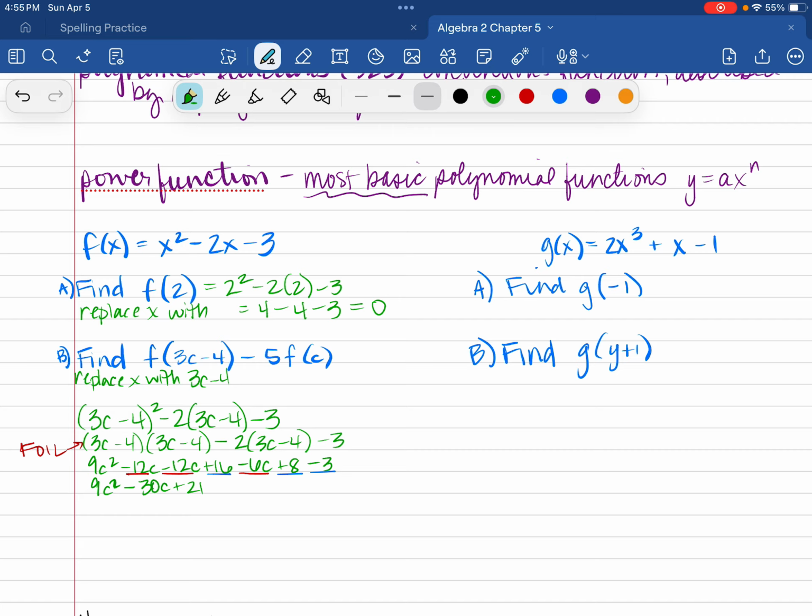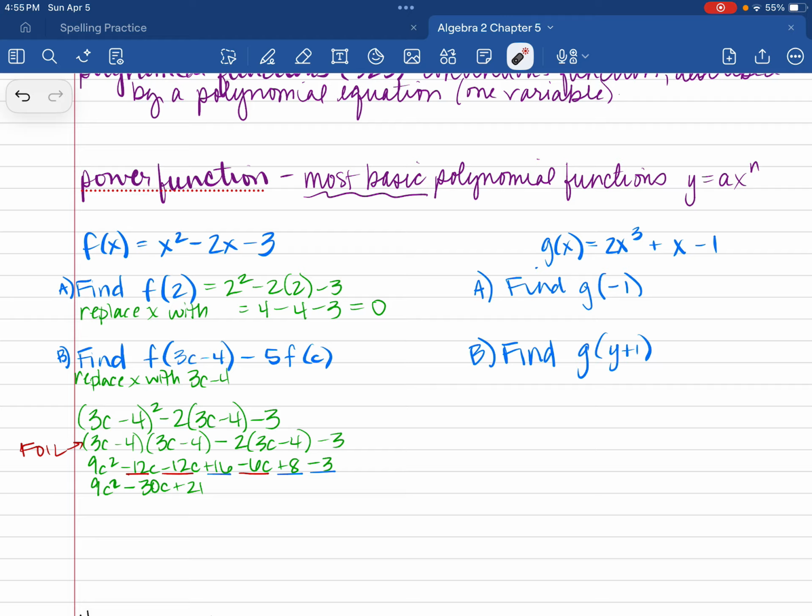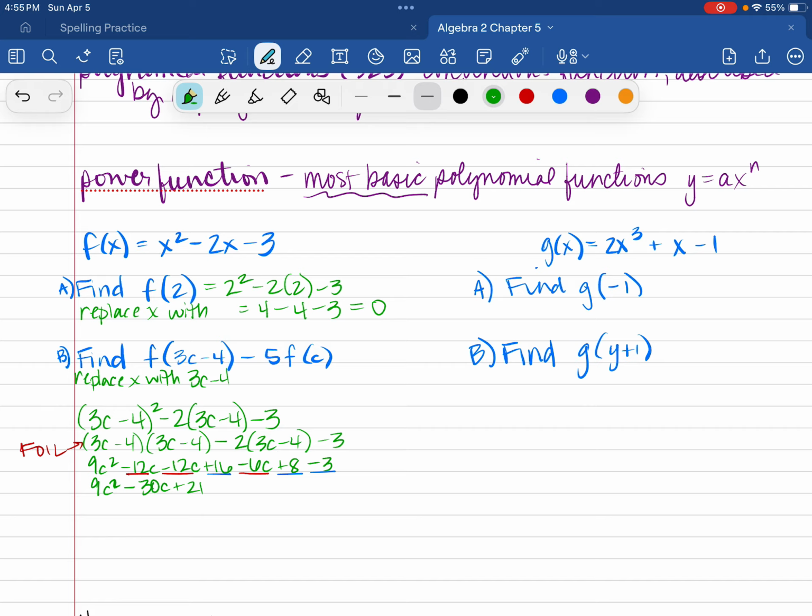Second part is to plug in the c for x, so there's a little bit less to do here. But first we're going to replace x with c, and then you're going to multiply the entire thing by negative 5.